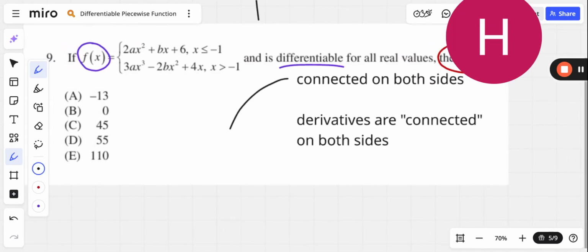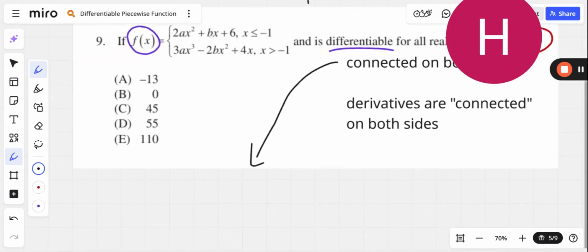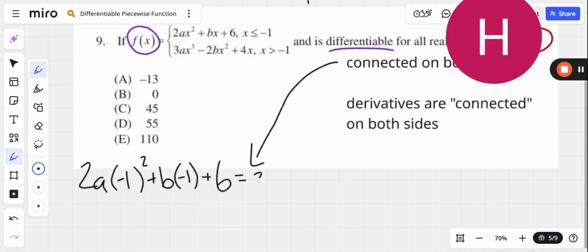So if they're connected on both sides, that means the left side at -1, so I'm going to plug in -1, is equal to the right side at -1. So you can plug -1 into the piece that represents the right piece, and you can set those equal.